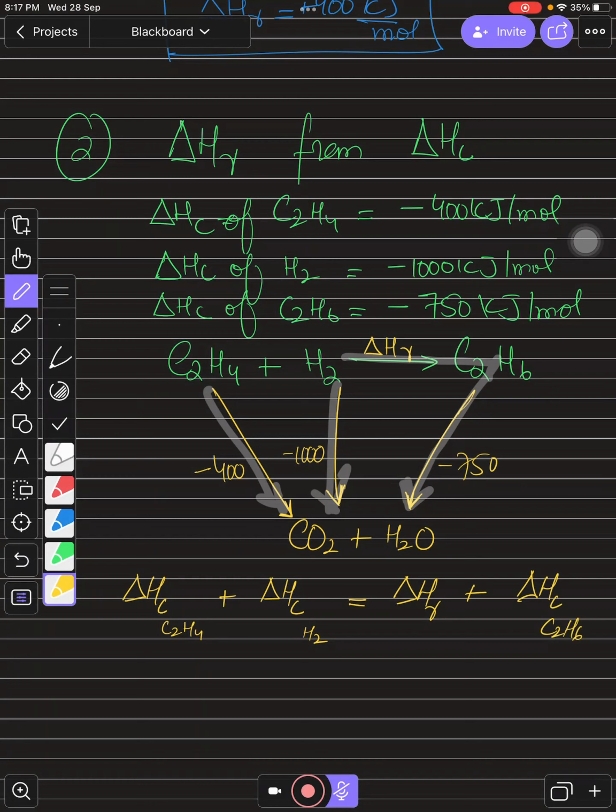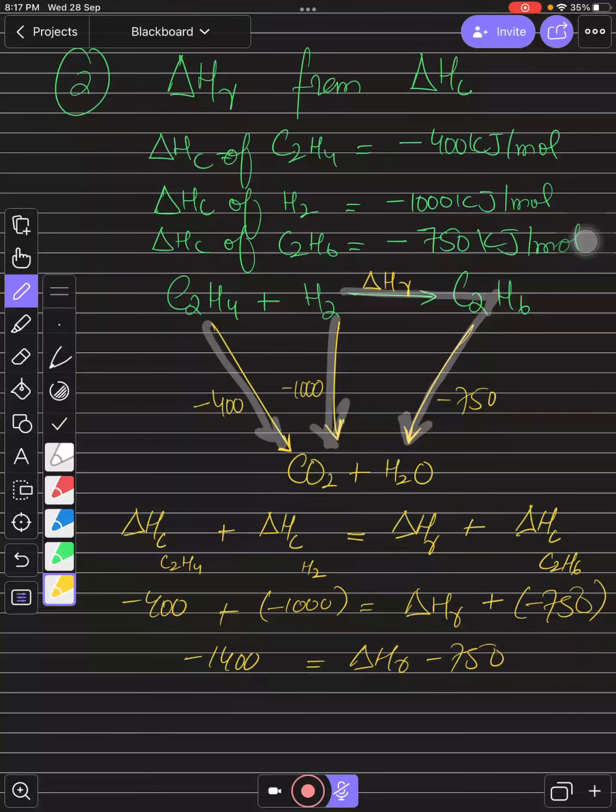So the first one is minus 400 plus minus 1000, this is to be identified, and this one is minus 750. Now this is minus 1400, and this is delta HR minus 750. When 750 comes over here, it is going to be plus, and the answer will be delta HR equals negative 650 kilojoules per mole.